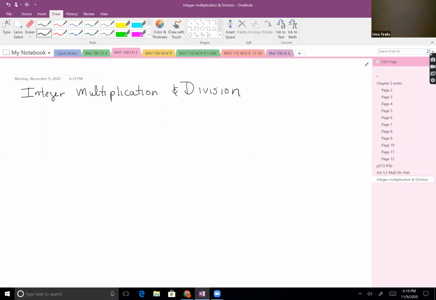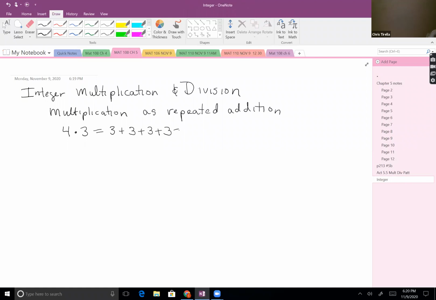And so I think when we were looking at whole number multiplication, we said that we could look at multiplication as repeated addition. And so if I look at 4 times 3, I can look at that as adding 3 to itself 4 times to get 12.